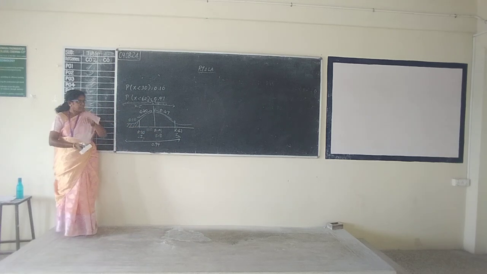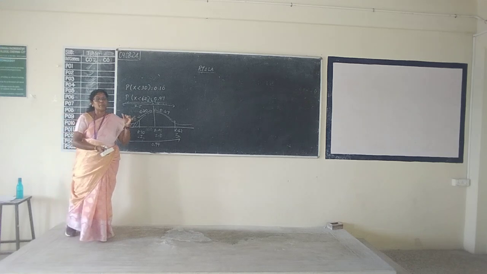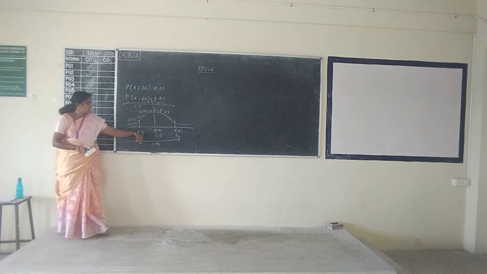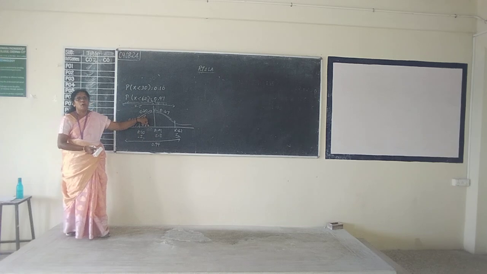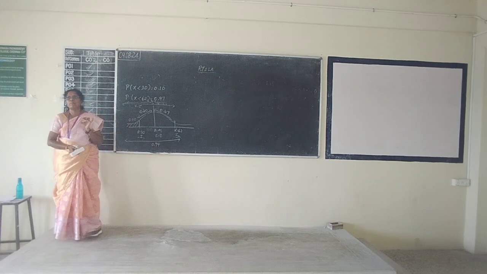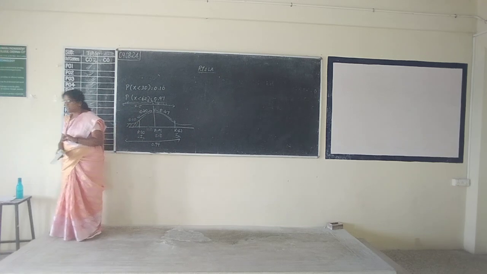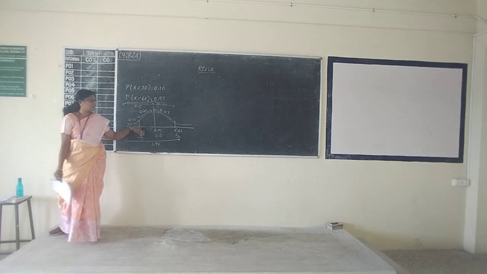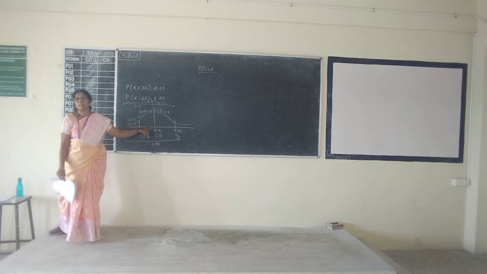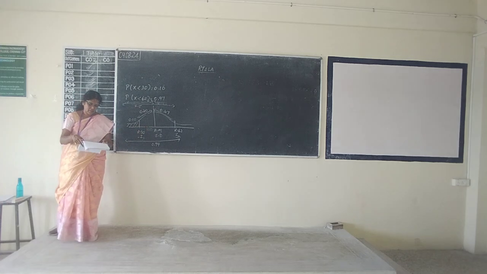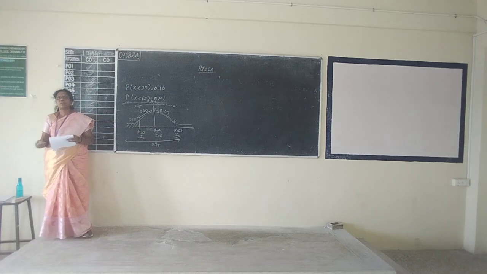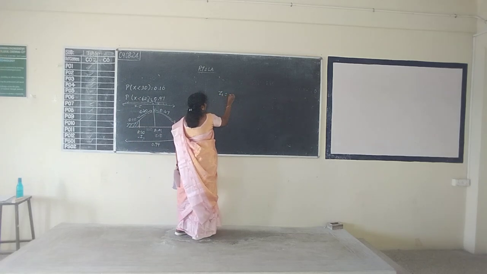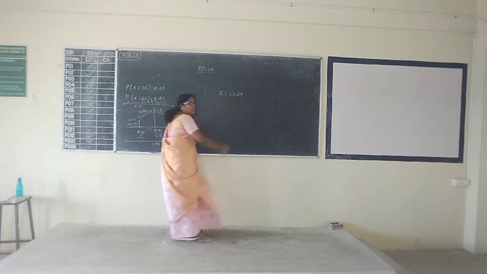Now from the normal table you will get the values for Z1 and Z2. For Z1, what is the area? 0.40. You have to check where 0.40 starts. So from the normal table you will get Z1 as minus 1.2.